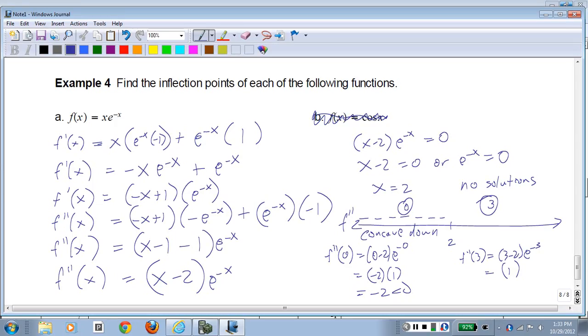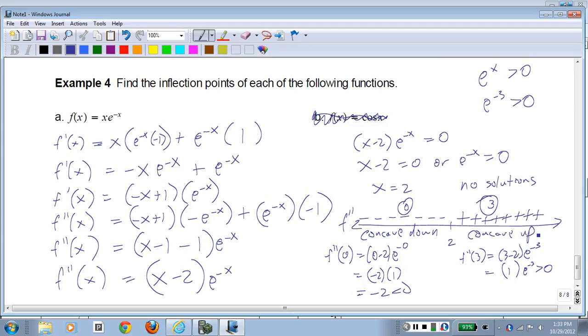Not 0, nothing negative. So since e to the x is always positive, e to the negative 3 is positive. It's 1 over e cubed. Fairly small number, but it's positive. So this is 1 times e to the negative 3, and it is positive. So pluses. Concave up.